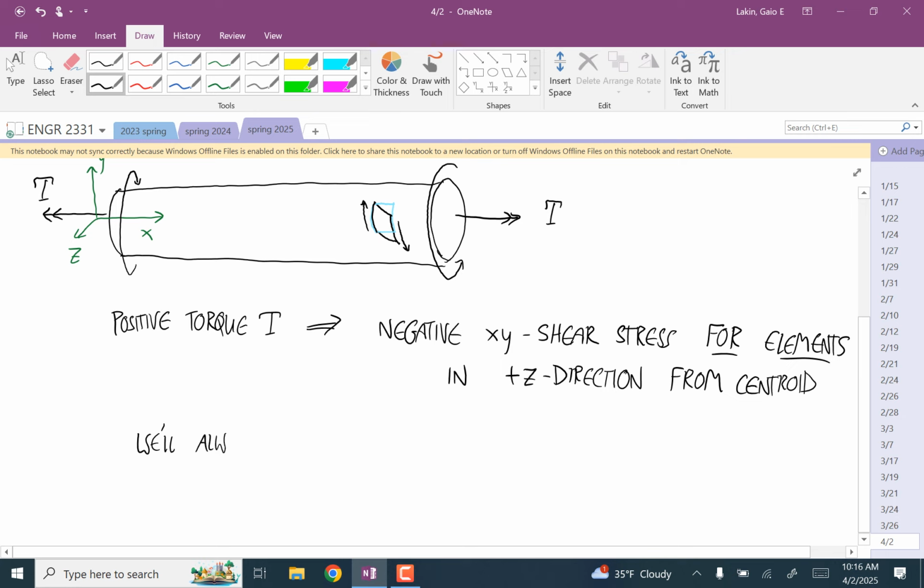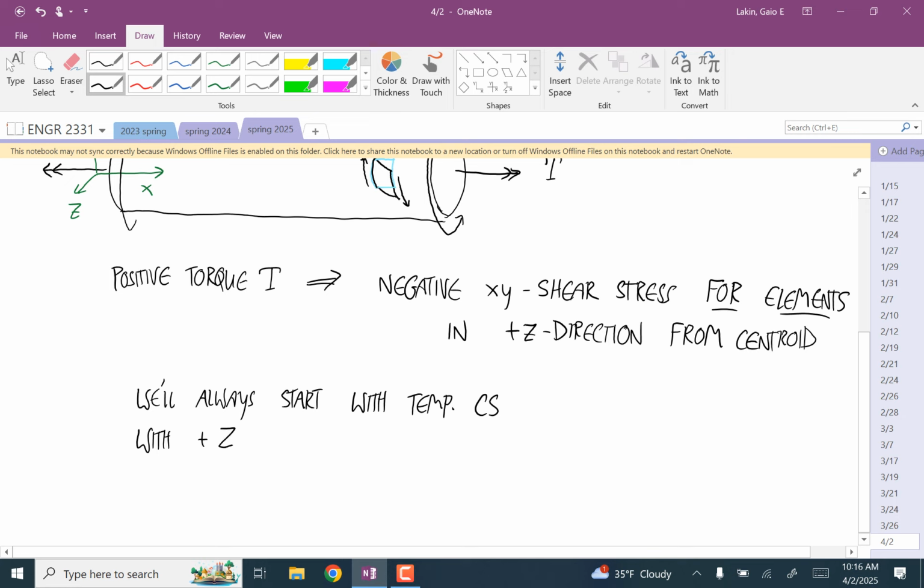We'll always start with a temporary coordinate system, with the positive, I'm going to call it capital Z, the positive z-axis pointing toward the element.